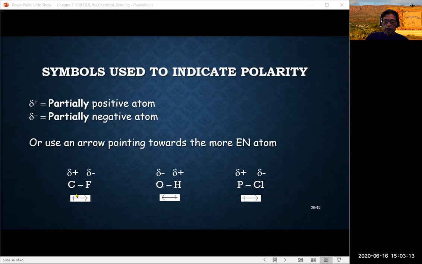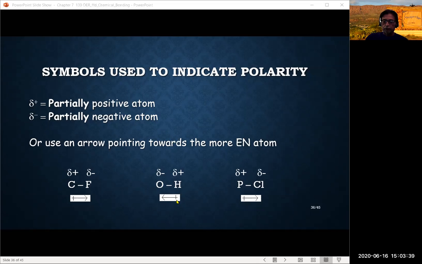All right, so to draw the arrow, we first determine which is more electronegative. In this case, fluoride is a lot more electronegative, so the arrow goes toward the fluoride, from left to right, and it has a partial negative. Oxygen and hydrogen, obviously the oxygen is a lot more electronegative because hydrogen is in the far left, group 1 of the periodic table.